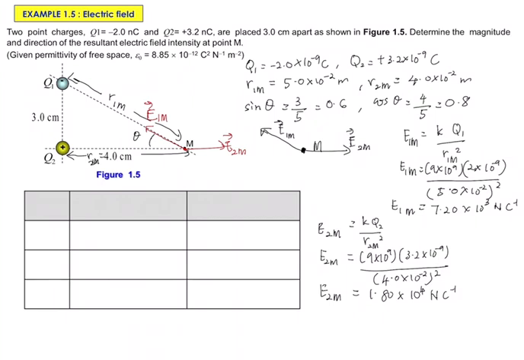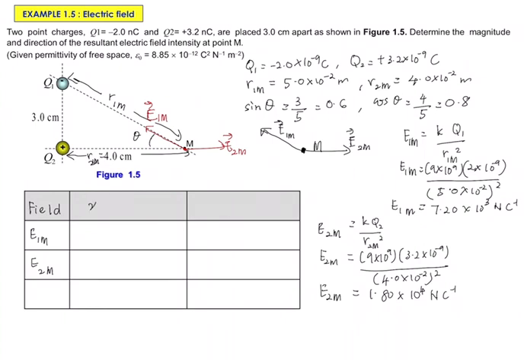So now you write down here in a table, construct a table. Here you have the field, electric field intensity. Down here you have E1M, and also you have E2M.